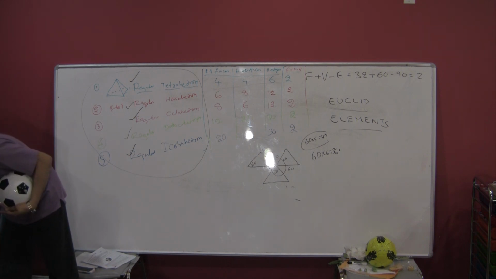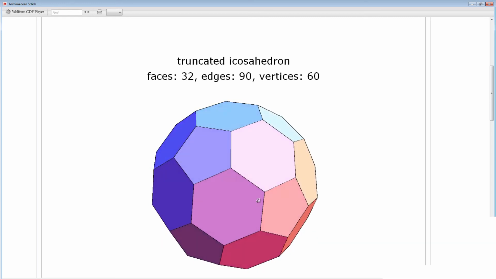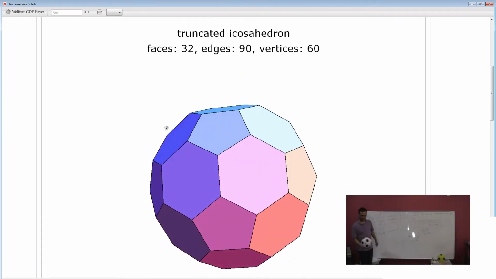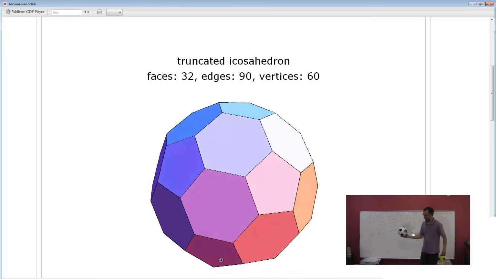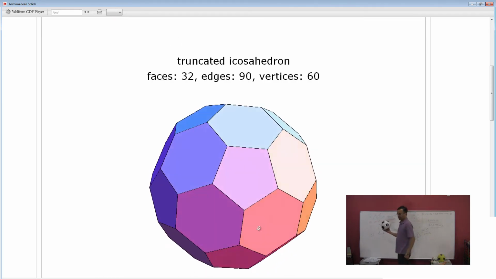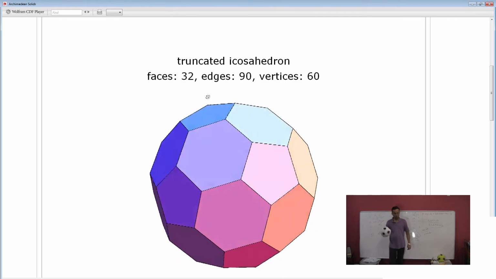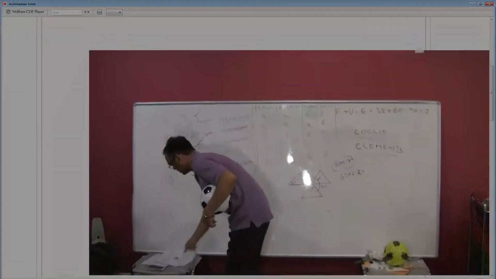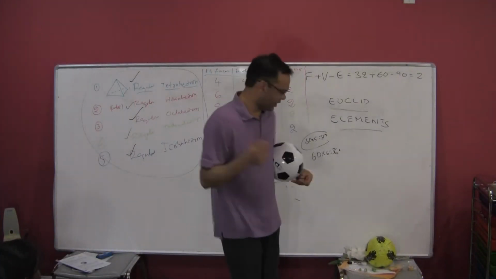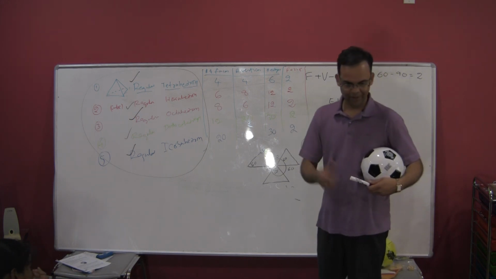But of all these, the most famous one is probably the truncated icosahedron. Don't worry about that. That's the soccer ball shape. Not just because of the soccer ball, it is also found in nature. It is found in one molecule known as C60. It is a variation of carbon. Did you guys hear about carbon? Carbon is one of the natural chemical elements.